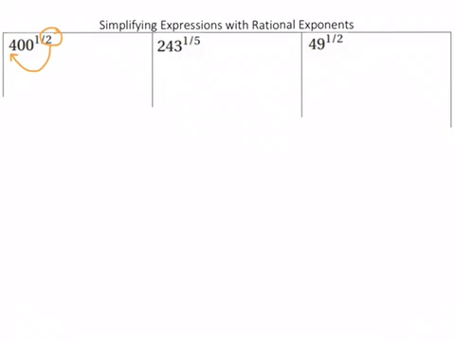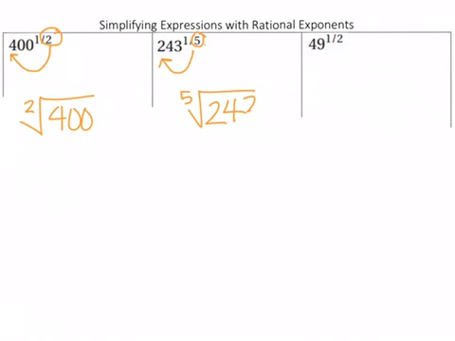So 400 to the 1/2 exponent is the square root, basically, of 400. You take the same thing with the denominator to all of it. So 243 to the 1/5 power is the 5th root of 243. And then for 49, you take that square root of 49, and then you just simplify it.